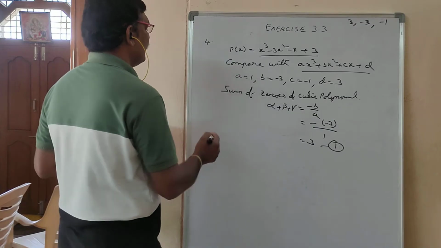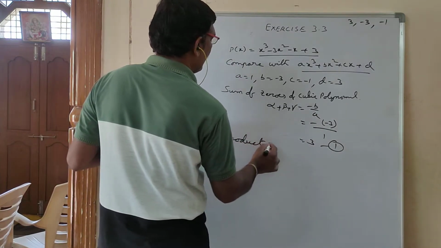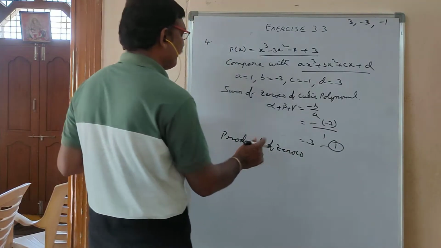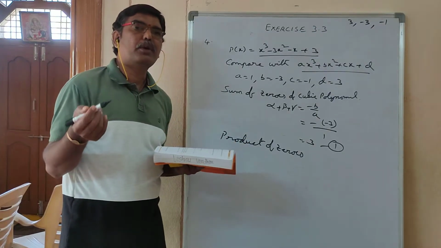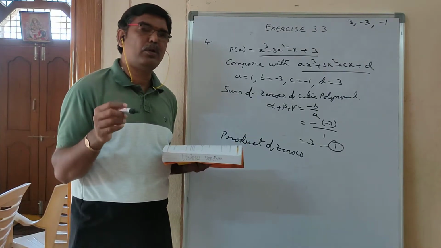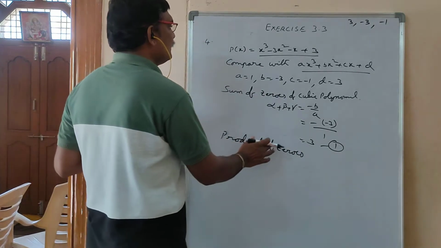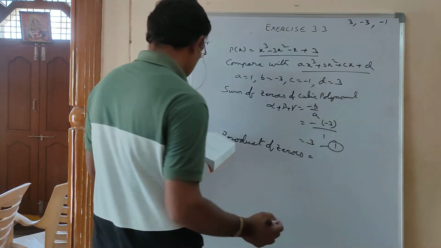Next you have to go for product of zeros. Product of zeros of a cubic polynomial. Don't forget that one. For the product of zeros formula, you must know whether it is for a quadratic polynomial or a cubic polynomial. That's important. Now, product of zeros for which polynomial? Cubic polynomial. What is the answer?